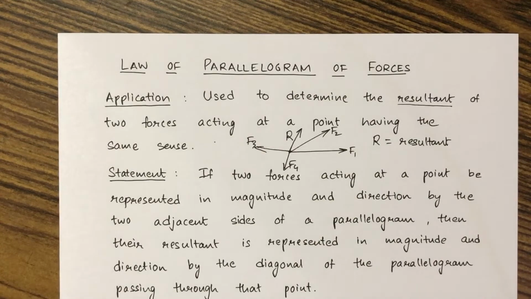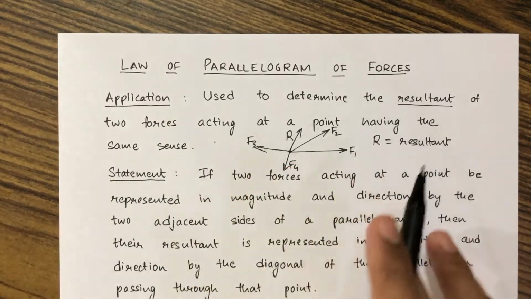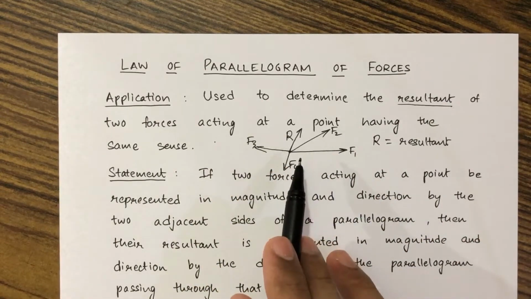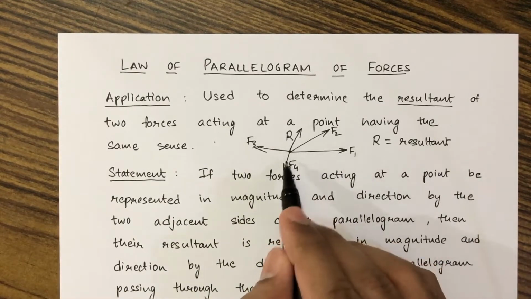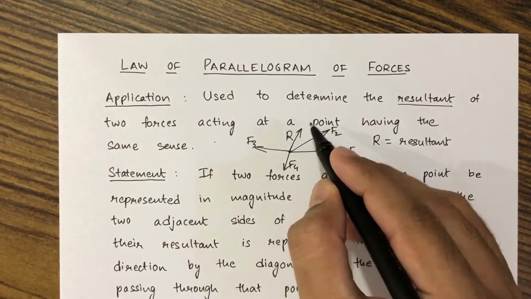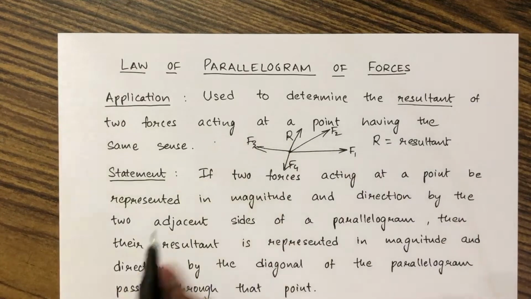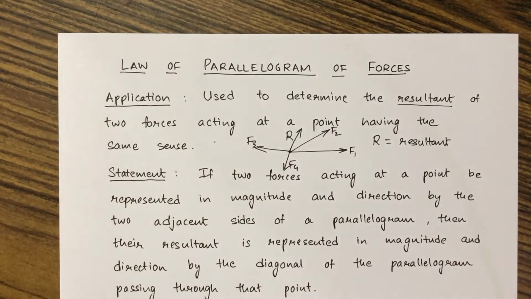Fine. So we have to find the resultant, and the resultant could be found out by the law of parallelogram of forces. What is resultant actually? It is a single force which has the same effect as the system of forces acting on a particular body. Like here these two forces are acting at this point. Okay, so through this point, if a single force is created which has the same effect as all the four forces, then that is called as the resultant.